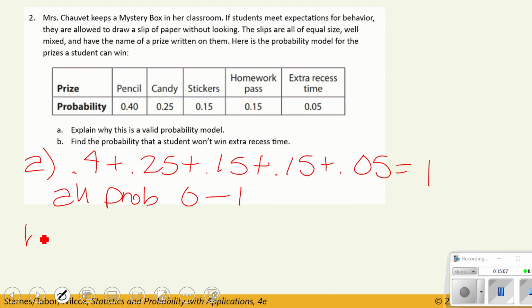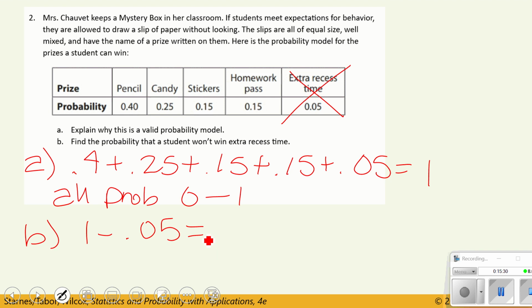Okay, part B then wants us to find the probability that a student won't win extra recess time. So they don't want that one right there. So let's use our complement or our opposite problem. So we're going to do 1 minus the probability that they do get extra recess time, which is 0.05.